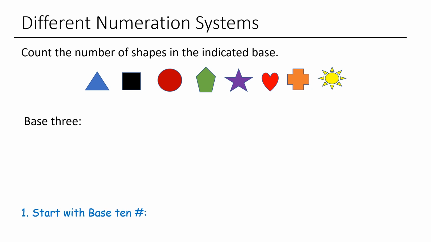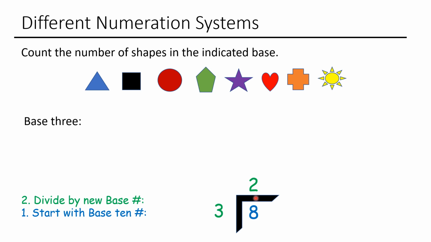The first thing you want to do is start off with your base 10 number. In that case, our base 10 number is 8 because we have 8 shapes. The second thing we're going to do is divide this number by our new base number, which is 3 because that's the new base we want to put these in. So we divide 8 by 3. When we do that, we get 2. If you remember division, 3 will go into 8 2 times. 2 times 3 is 6.